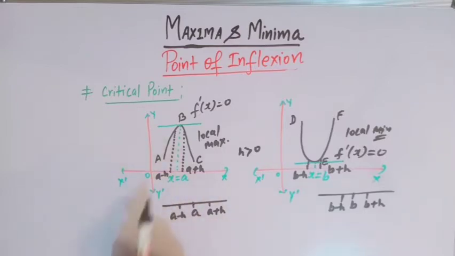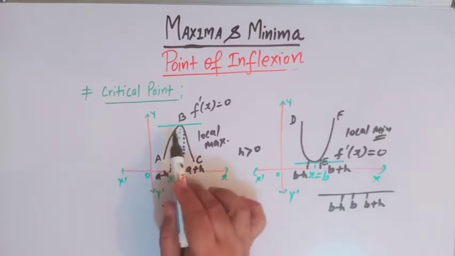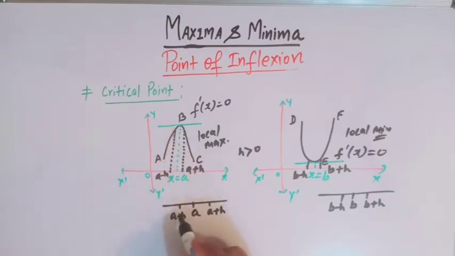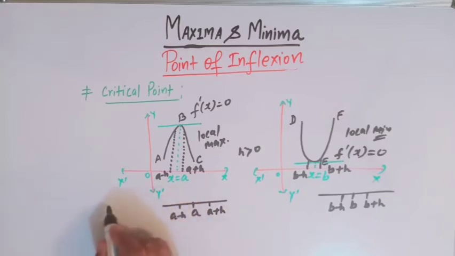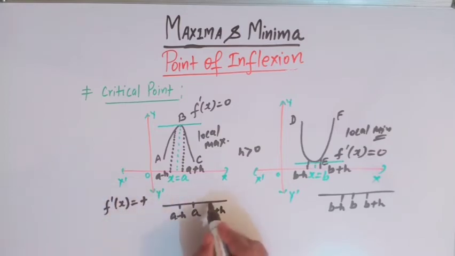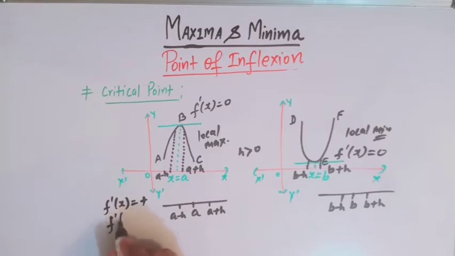Now we see that at this point a minus h, the slope of the tangent, that is f dash x, is positive, and at this point the slope becomes negative, right?